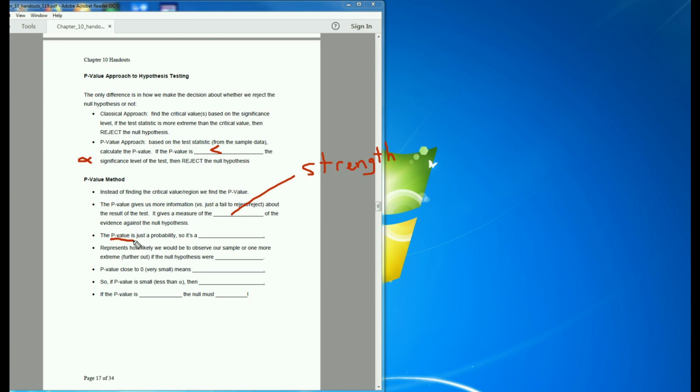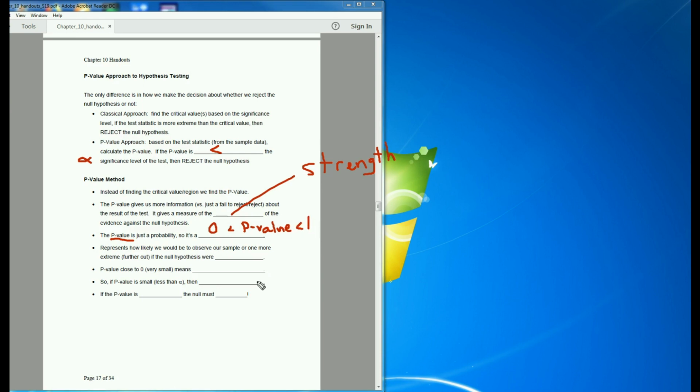The p-value, it's just a probability. Okay, so it is a number between 0 and 1. Okay, so in other words, 0 is less than the p-value, which is less than 1.